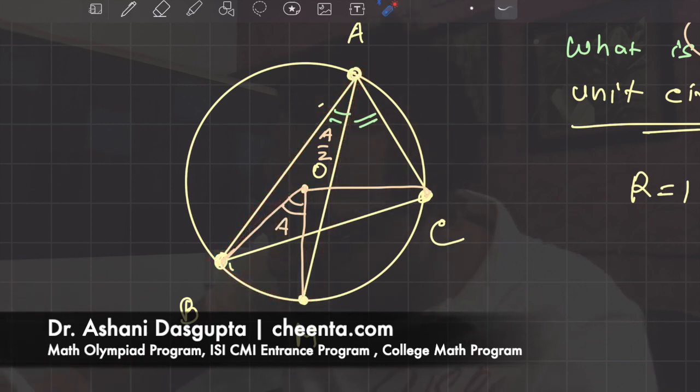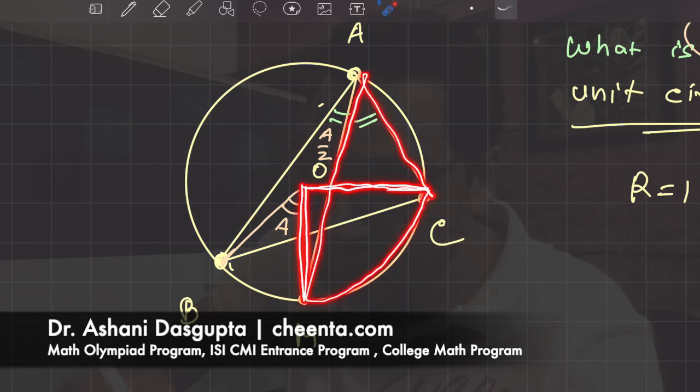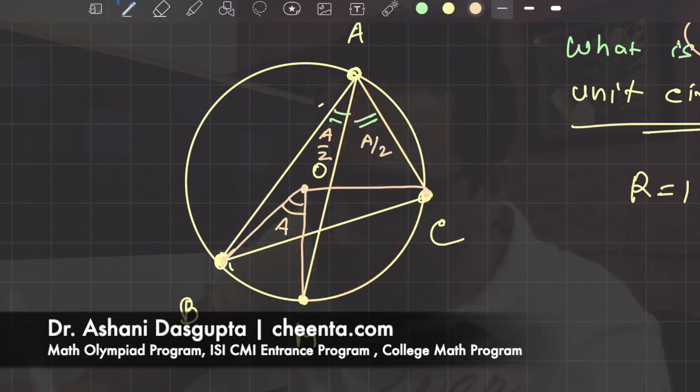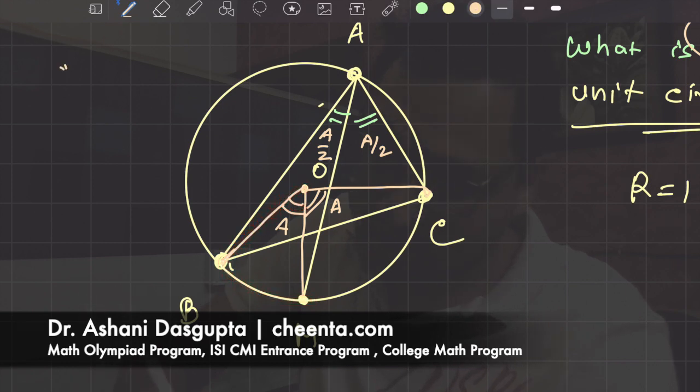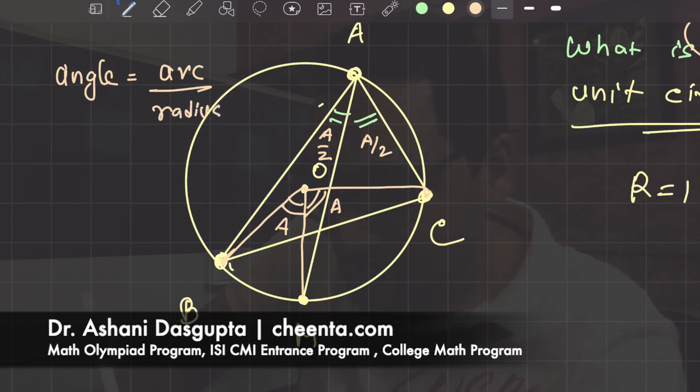And similarly, you can also see that MC subtends MOC at the center and MAC at the circumference. So this is A by 2, which means this one is also angle A. Now, we know that arc over radius is angle. Angle is equal to arc over radius.